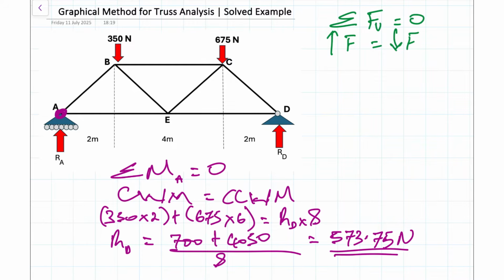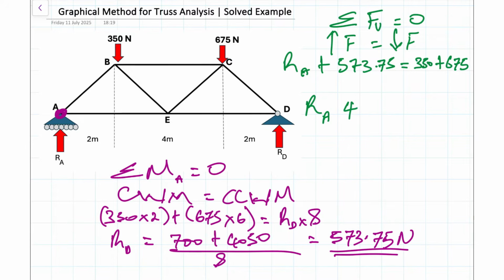What we have going upwards, we have RA plus what we just found for RD, which is 573.75 newtons, and that should be equal to our 350 plus 675. So all we have to do is sum those two and subtract our RD value. So the final answer is RA should be 431.25. So that's RA.